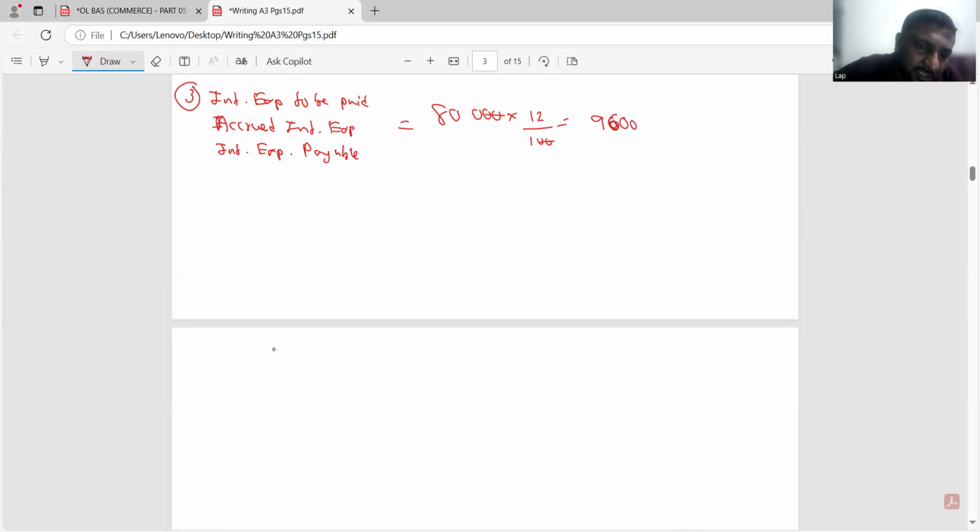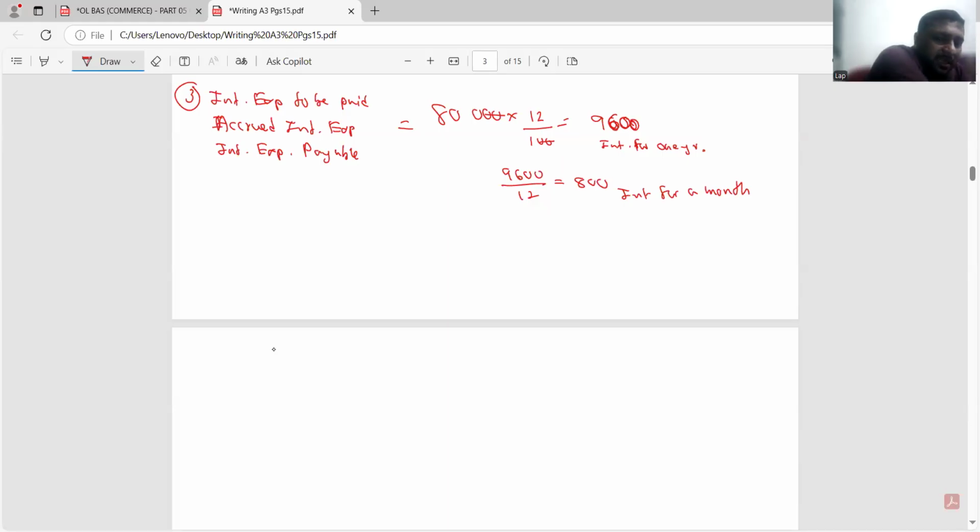But 9,600 is for a year, Lamai. This is the interest for 1 year, but I need for a month. And 9,600 divided by 12, then for a month, 800. Interest for a month, because only 1 month interest not yet paid.